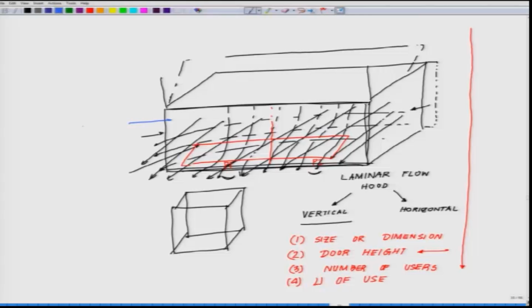It will have a UV fixture, and a tube light. These are the major fixtures, and they have a switch for the blowers or the fans.